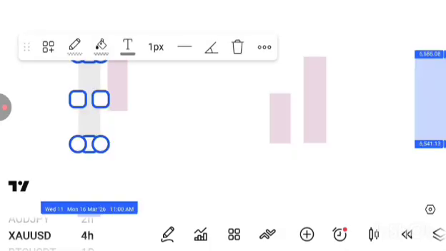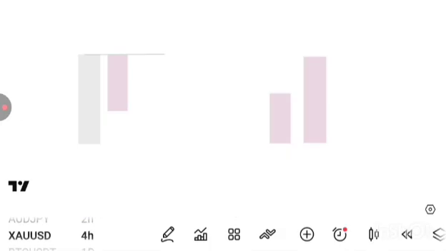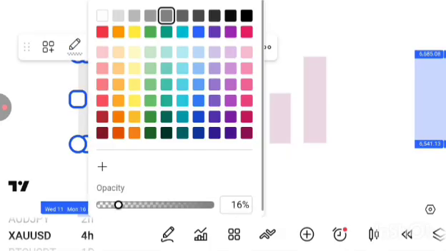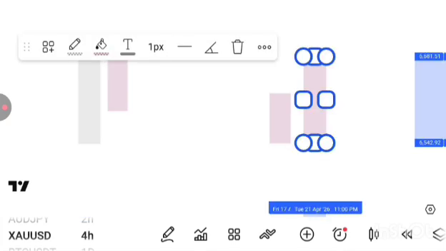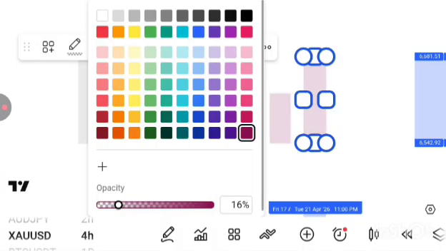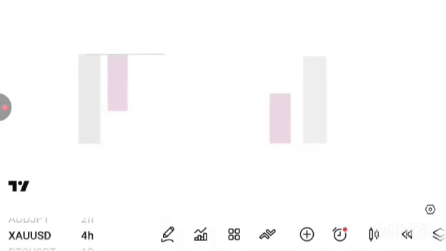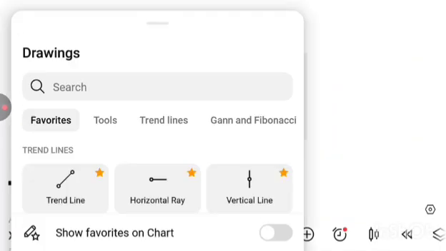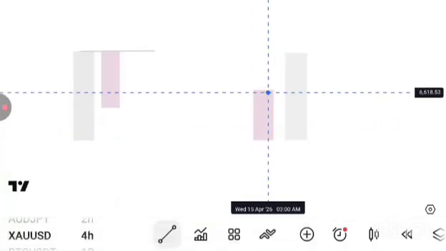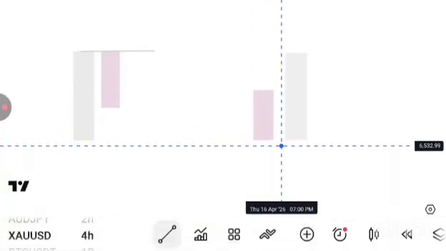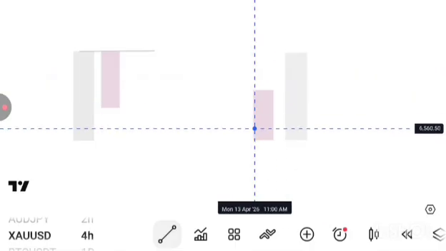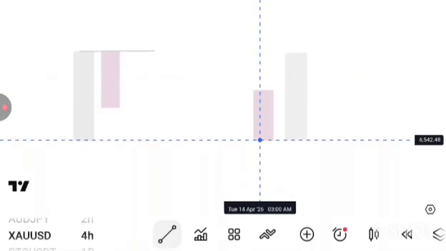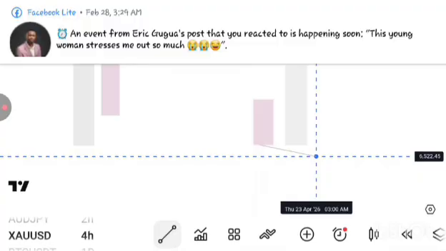Let me change the color of this. Right? So the V-shaped key level is formed by a bearish candle to the downside, then a bullish candle to the upside.